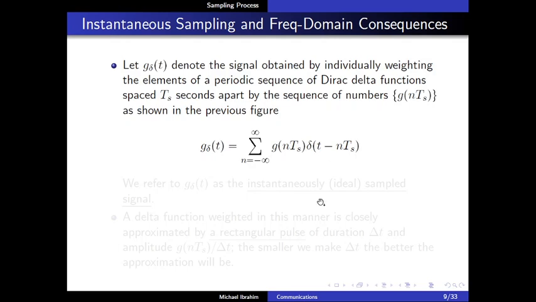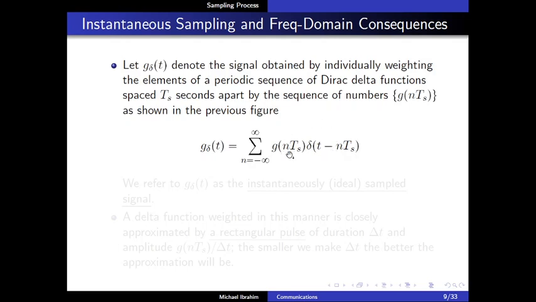So let's say we put n equals 0, we get delta of t, and it's an impulse located at time t equals 0, and the weight or strength of this impulse is g of 0, which is a sample value at time equals 0. Let's put n equals 1. We get delta of t minus Ts. So it's an impulse located at t equals Ts.